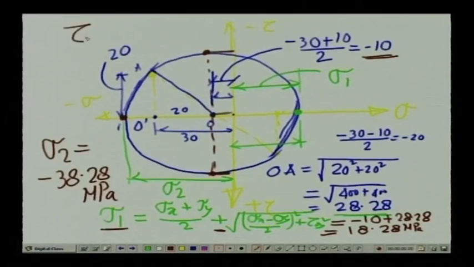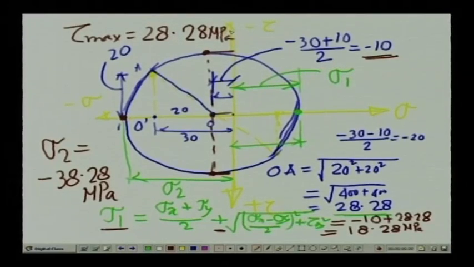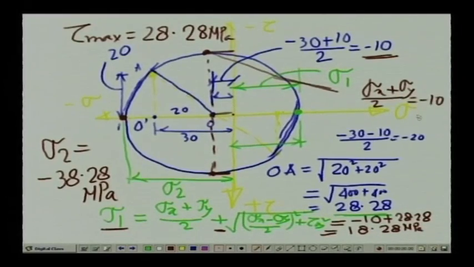So, tau max, the maximum shear, is equal to 28.28 MPa, and the corresponding normal stress on the planes where the maximum and the minimum shear stress occur is equal to (sigma x plus sigma y) by 2, which is minus 10 MPa.